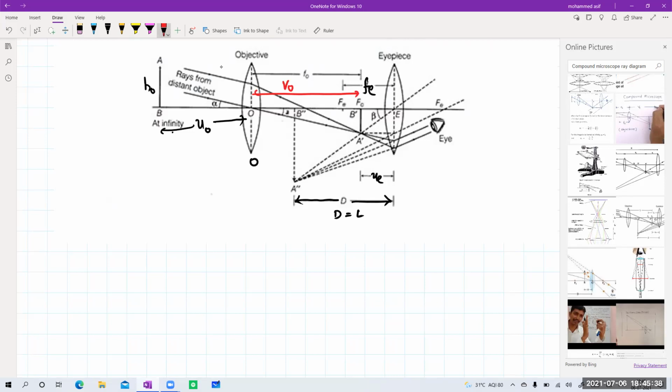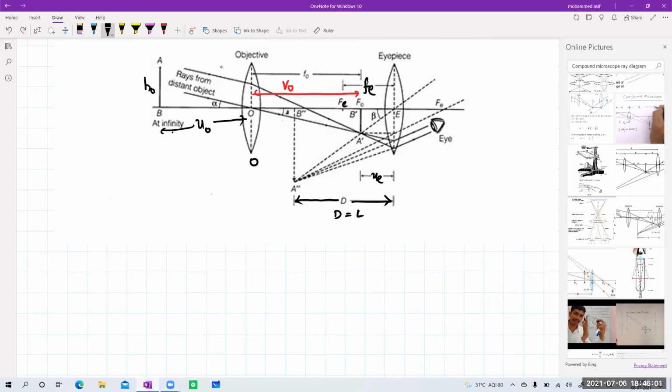This one is your focal length FE, this is your FE and this one is F naught. So it is A dash, this is B dash, A double dash, that is your B double dash. This is your eyepiece and this one is your objective.